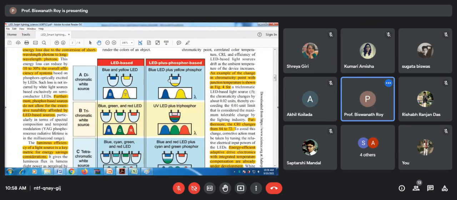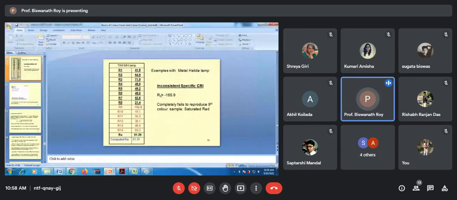The same phenomenon is observed in case of white LED. Which white LED? The same thing is seen for this type of phosphor converted blue LED. This LED actually fails to reproduce saturated color. That is why in the industry this problem is called the R9 problem. Where does this R come from?